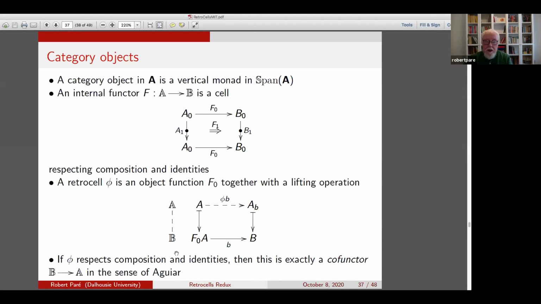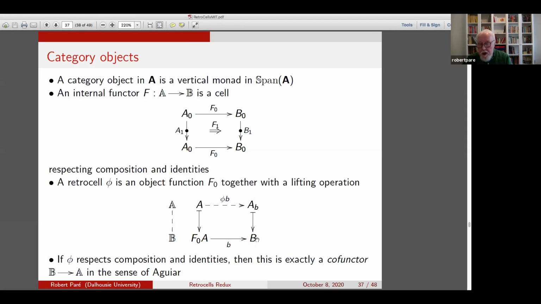So you have this lifting. First of all, you take an A and you look at the identity from F0A to F0A, that should lift to the identity. So that's respecting identities. But now suppose you have a B and a B prime. You can lift B, but now B becomes F of AB.